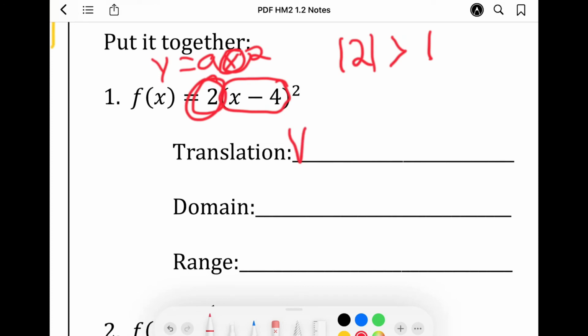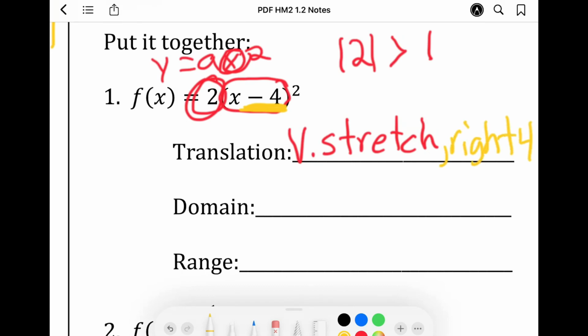So what transformation are we going to do? A vertical stretch. Now what about this negative 4 on the inside? We're going to go away from the negative x values on the x-axis. So we're going to be moving to the right 4.